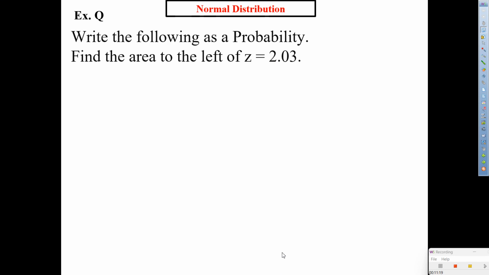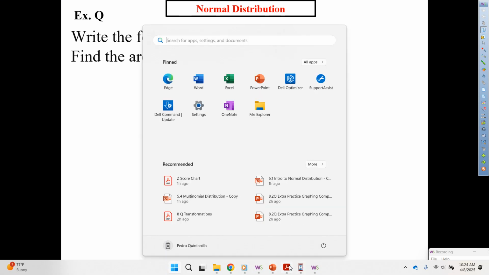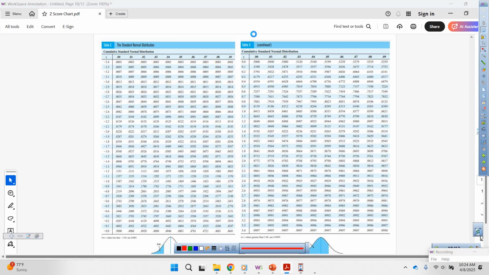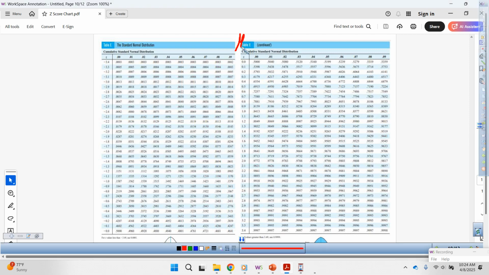All right, so let me go to my chart. Mu is right here in the center. I'm going to the right. 2 point, where's 2 point? 2.0 is right here. And it was what? 2.03? 0.03. So then I go to 0.03, which is up here.